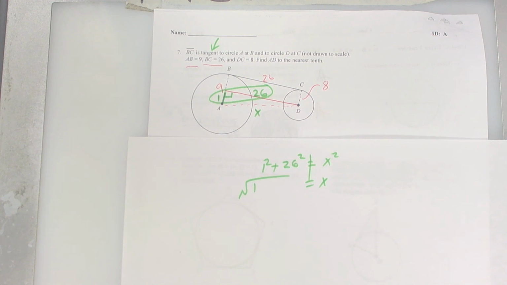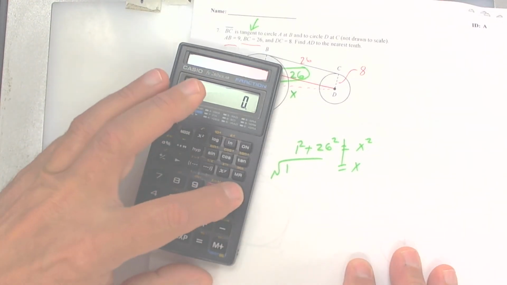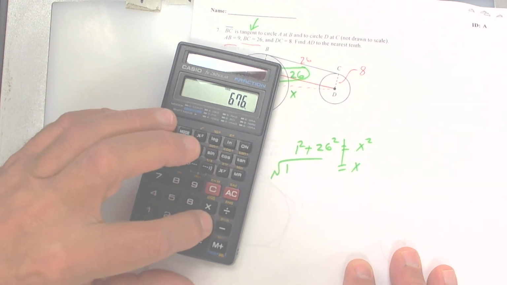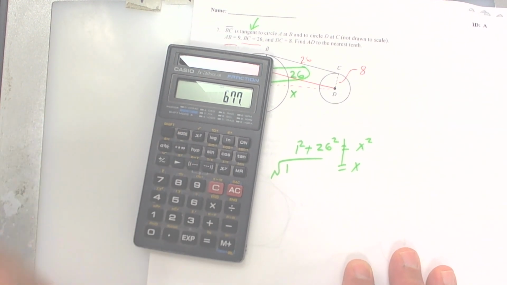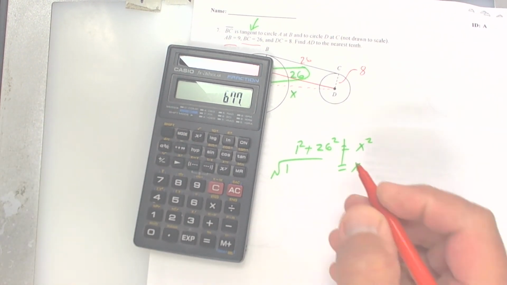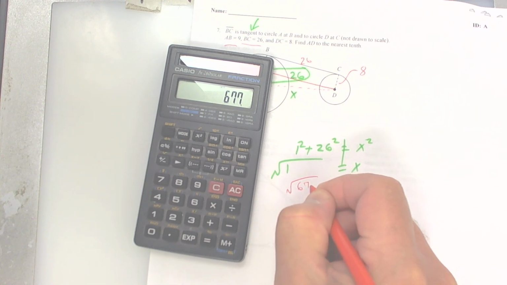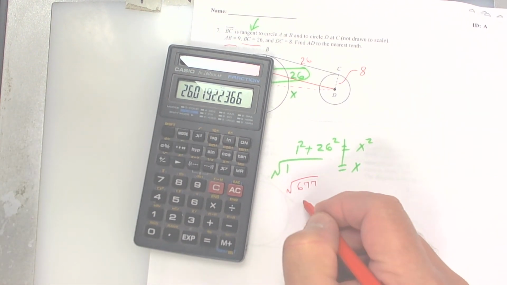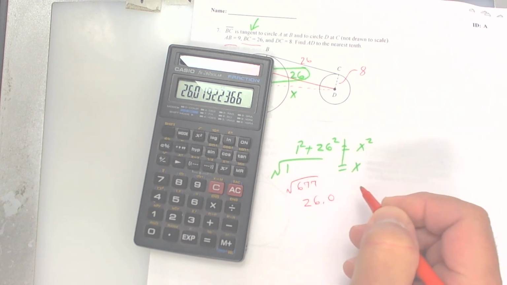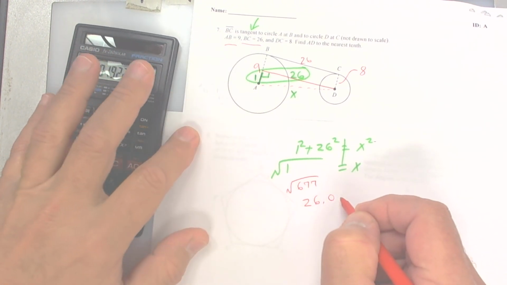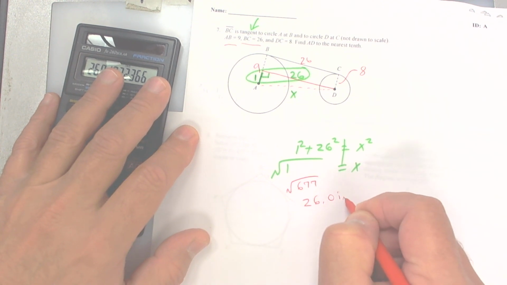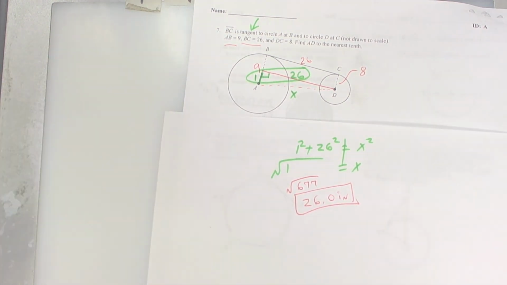And 26 times 26, I have no idea, but we'll do it on the calculator. So 26 squared plus 1 equals, I get 677. And then I'm going to do shift and then square root. I get 26.0. And I'm going to say inches or feet. We'll say inches. And there it is. And that's how you do that.